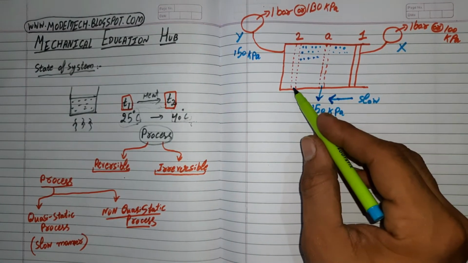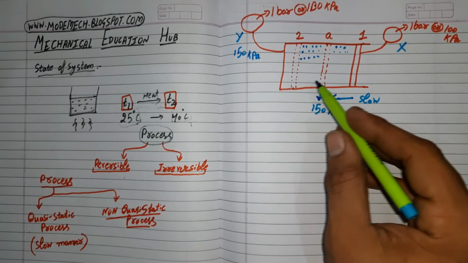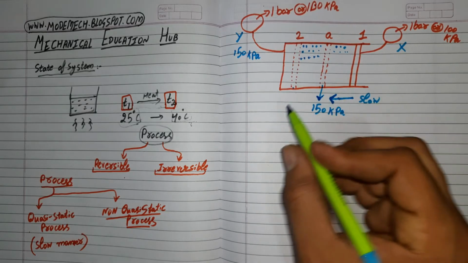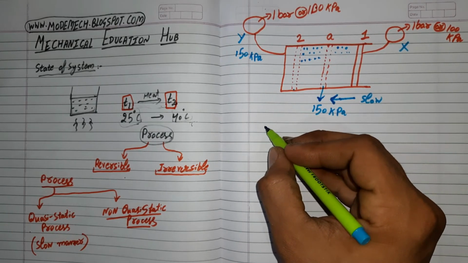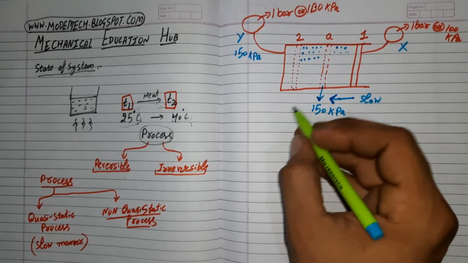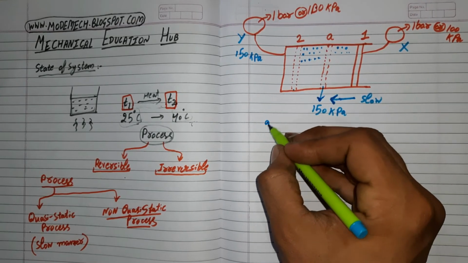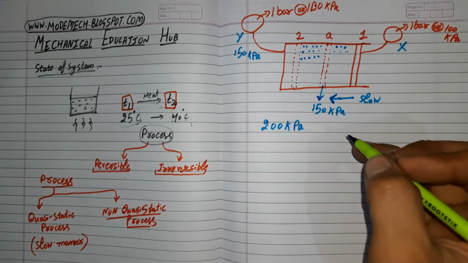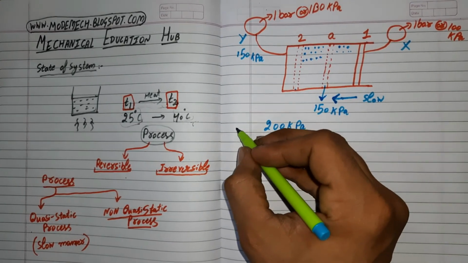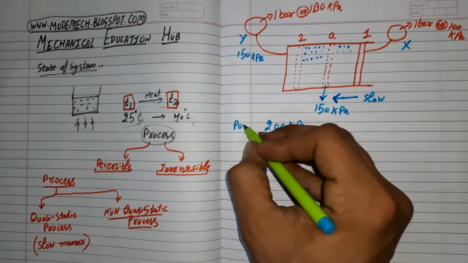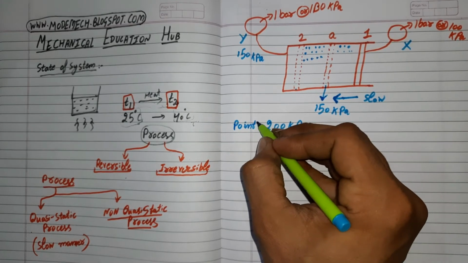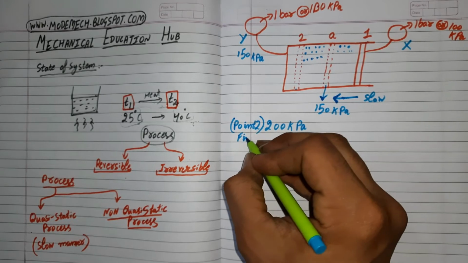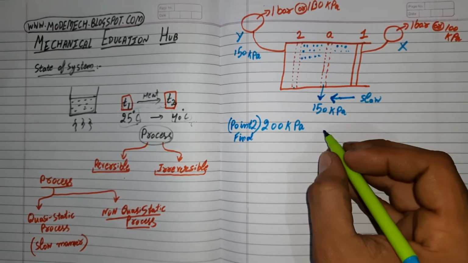And when it reaches its final point, obviously the pressure will be more. Let us say at point 2, both X and Y will show the same reading, which we'll assume to be 200 kilopascals. The maximum pressure at the final point is 200 kilopascals.